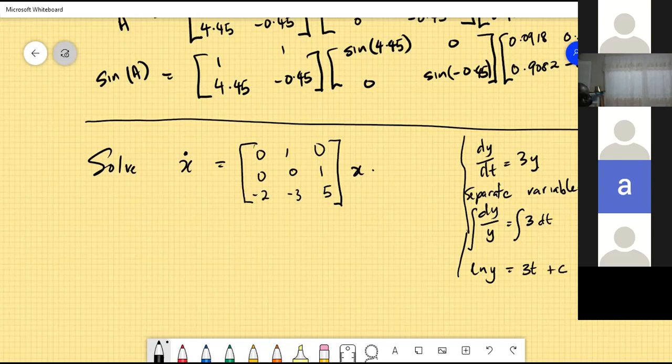So you're going to end up with y is equal to e to the 3t times e to the c, which we can just write as y equal, because e to the c is a constant, so let's call it c1 e to the 3t.